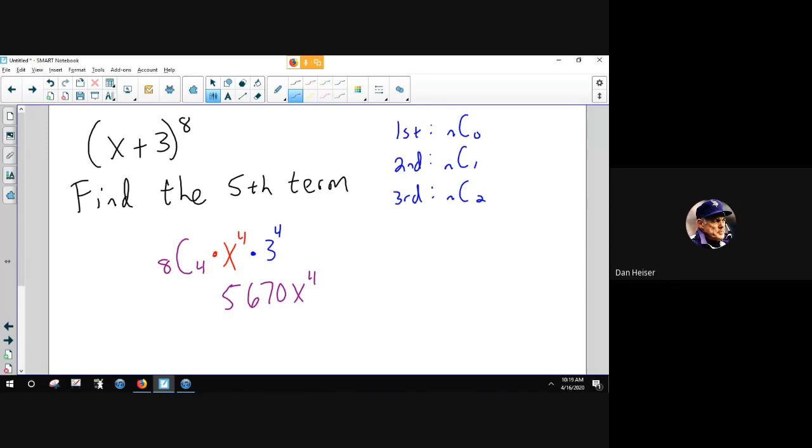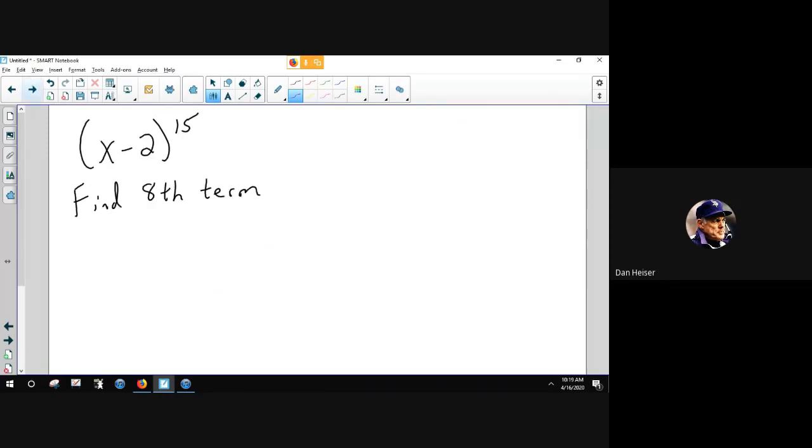Let's take a look at another one. x minus 2 to the 15th. Let's say that this binomial is the model for some set of data or something that's been modeled. It's a good approximation of a particular model.